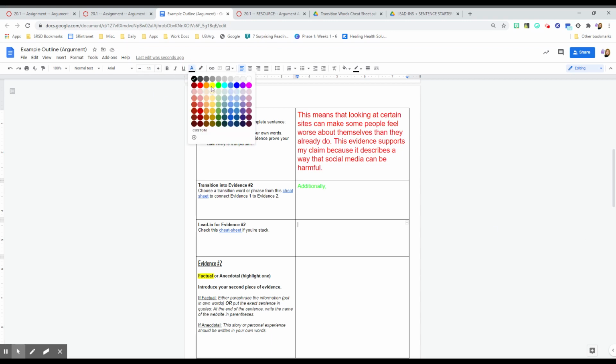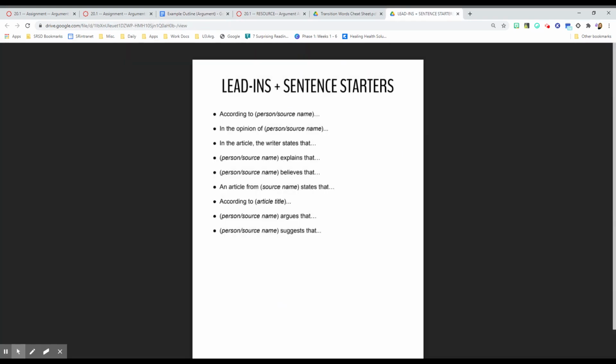So additionally, I'm going to go ahead and take a little peek back at my lead-in section. And I used additionally. So I'm going to use something that kind of strays from this list a little bit, but I want to use something like this.